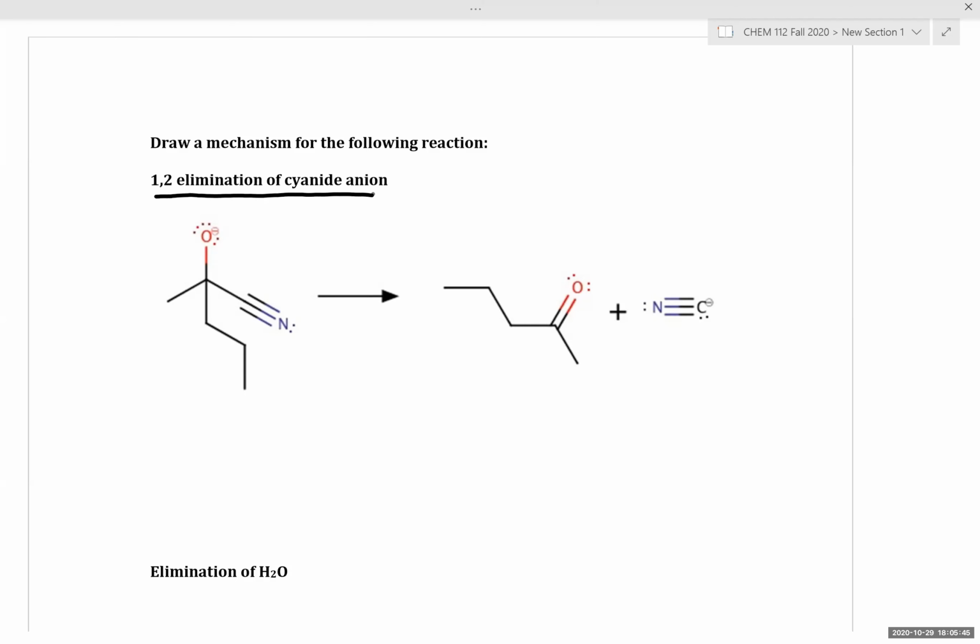So don't be shy to break out the annotate tool or to try drawing out your mechanism on paper and sharing your proposed mechanism as a picture in the chat. And we'll discuss this example in about 2 to 3 minutes. I really want students to start trying to draw a reaction mechanism for each of these different types of reactions, so that way we can get a little bit more used to the mechanics behind drawing mechanisms.